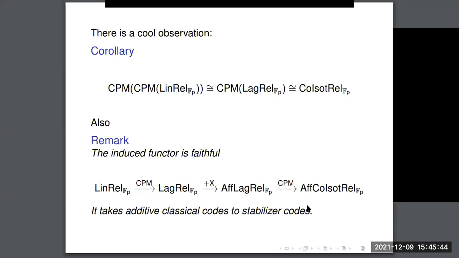But if you have something that's not affine, and then you double it, then if it's self-dual with respect to this symplectic dual, then it's an additive code. Yeah, but I definitely want to look a bit more into this. I just put it as a remark because I need to look more into it. Okay.